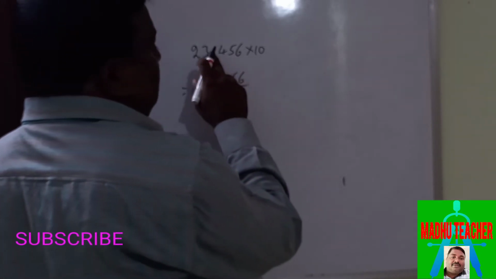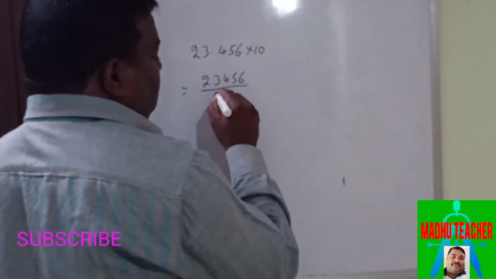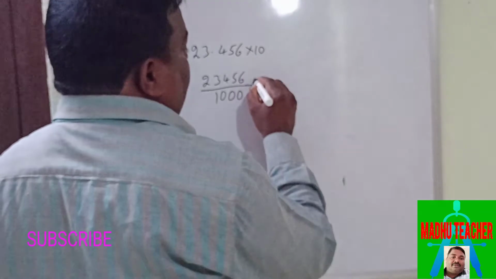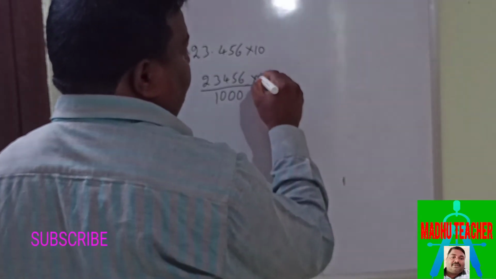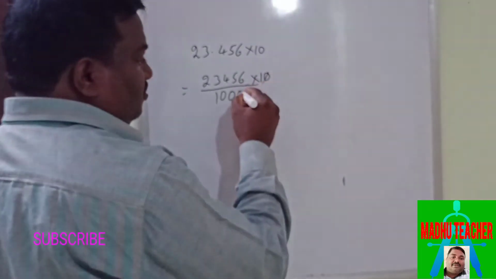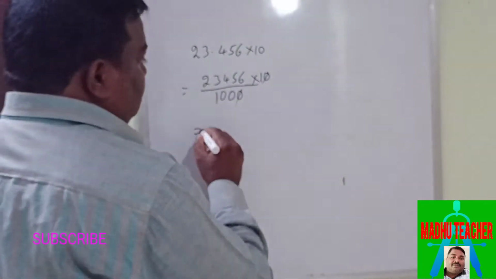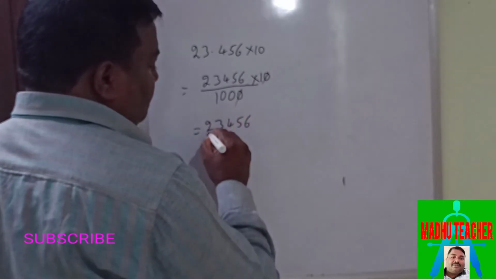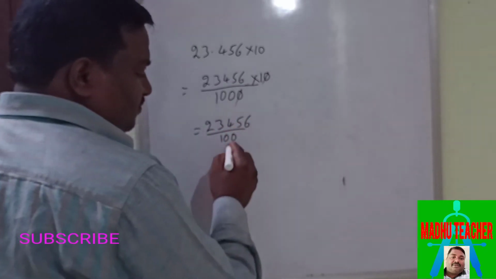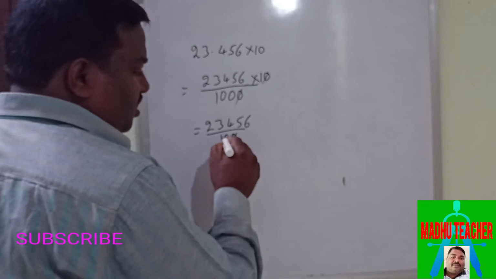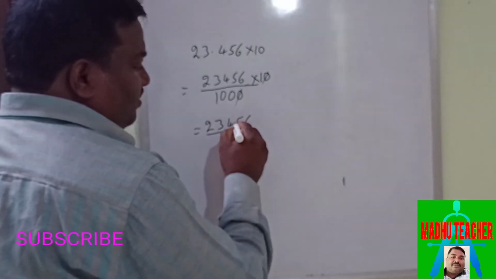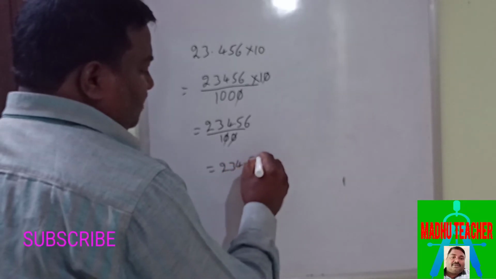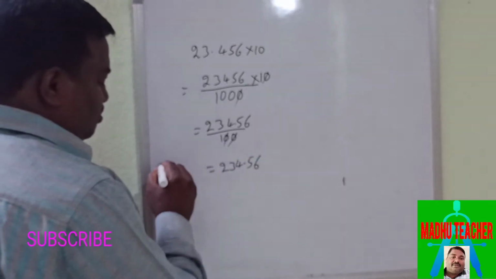After the decimal point we have three digits, so divided by 1000, and we have into 10. 0 0 get cancelled, we'll get 23,456 by 100. How many zeros do we have? 2. 2 zeros cancel, put point before two digits, that is 234.56.